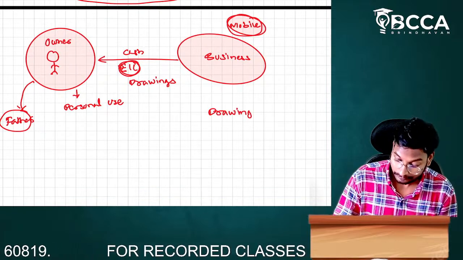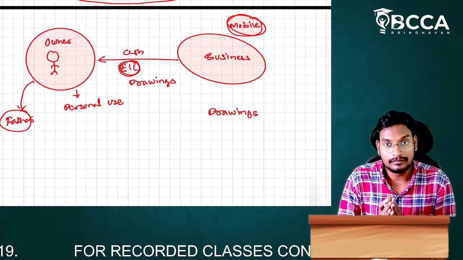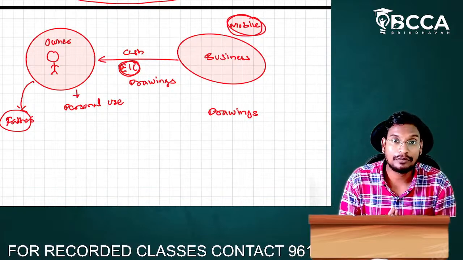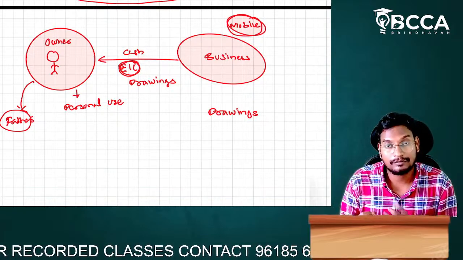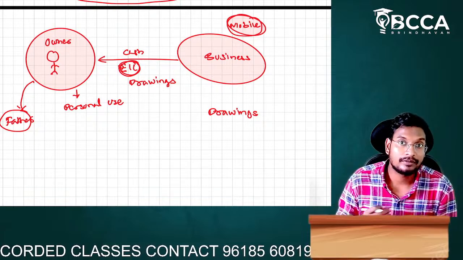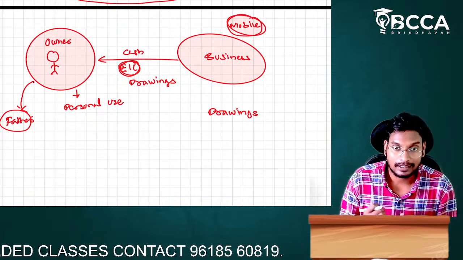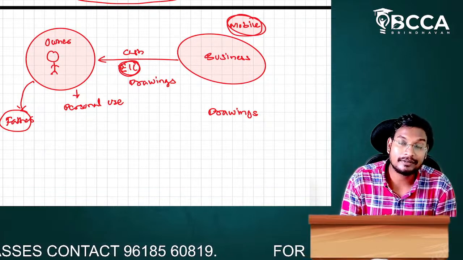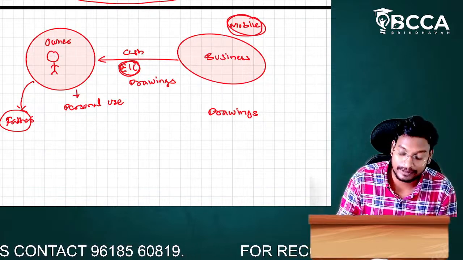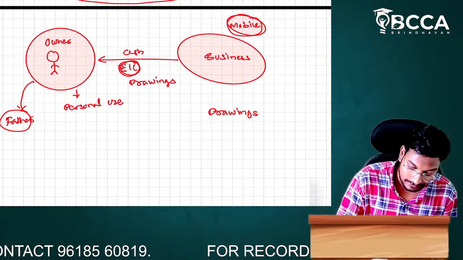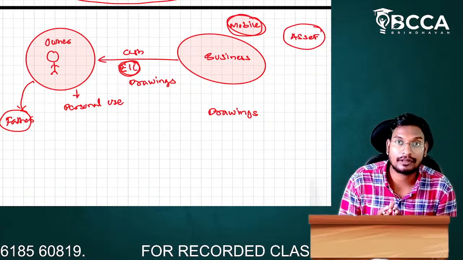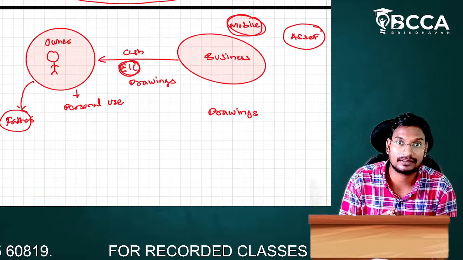Now, in the case of drawings, does the owner have to repay us, or do we have to repay the owner? The owner has to repay us, which means we have to receive from the owner. Anything we have to receive is called an asset.